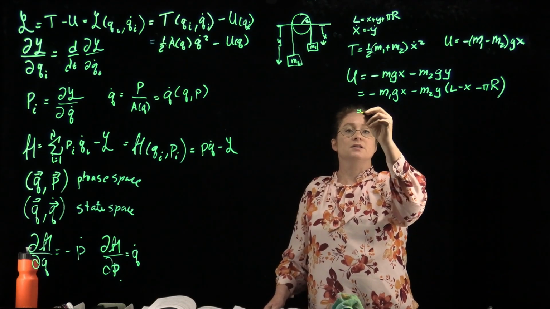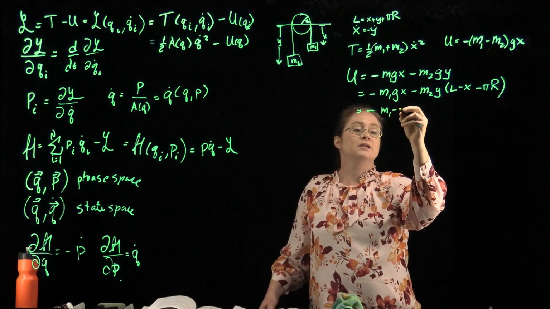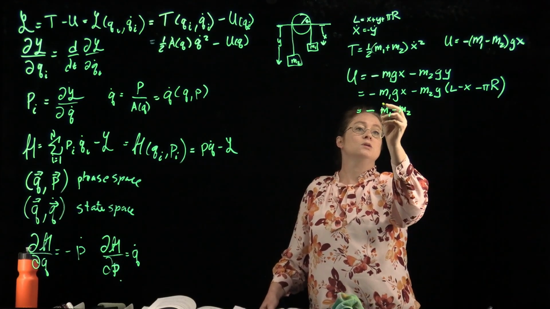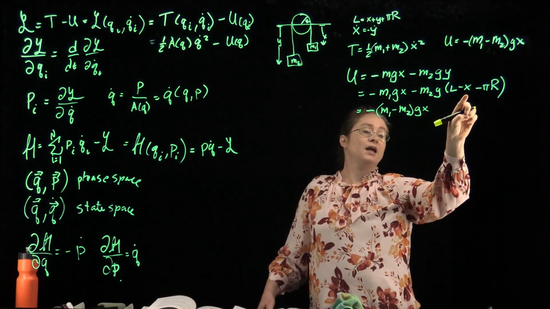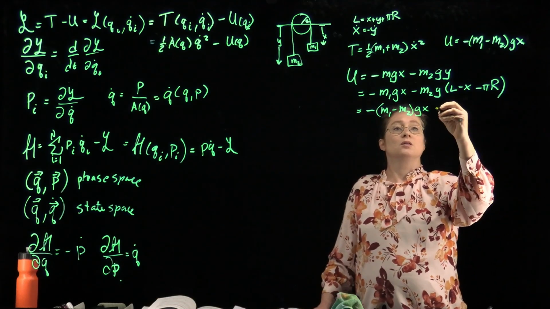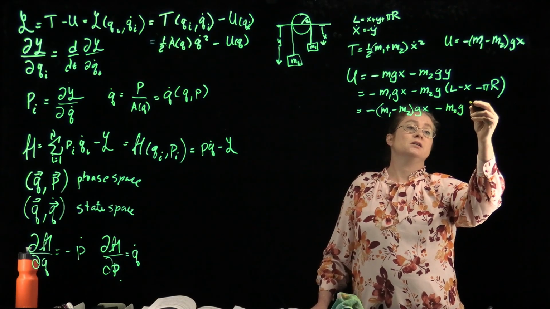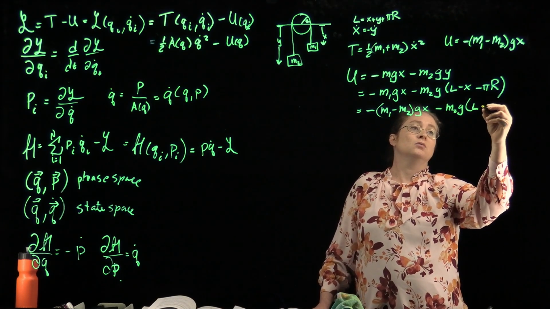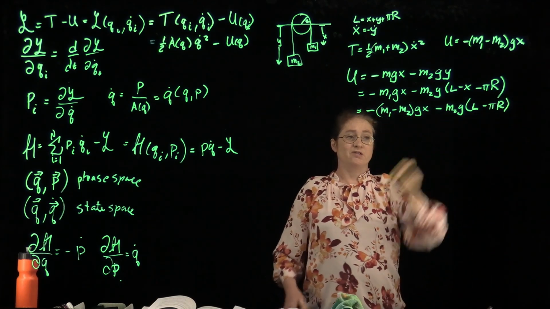So this is negative m1 minus m2 gx, where I've collected the x terms, minus m2g L minus pi r. This is an arbitrary constant.